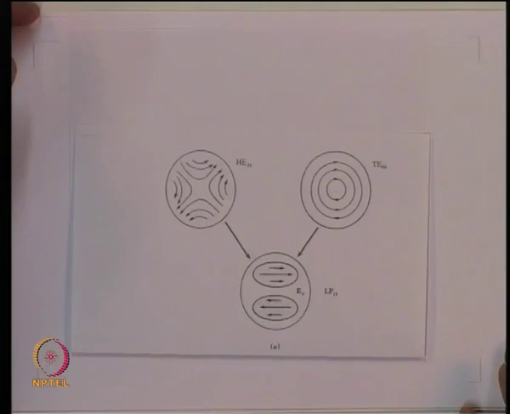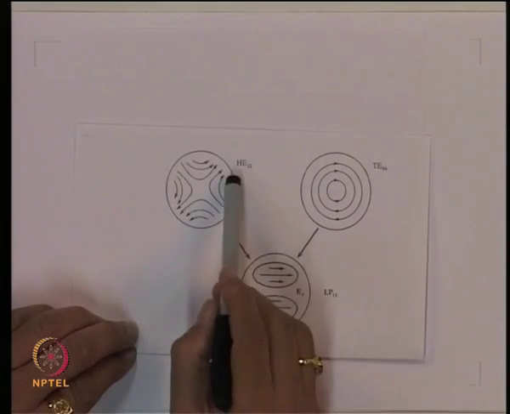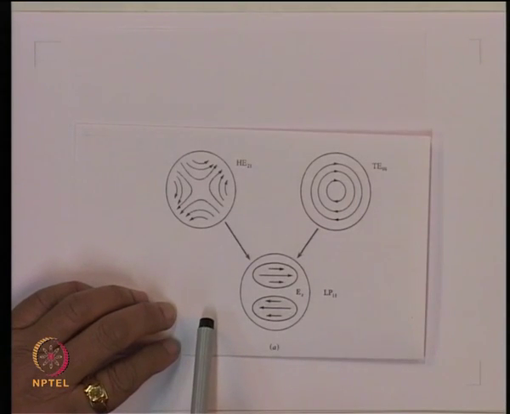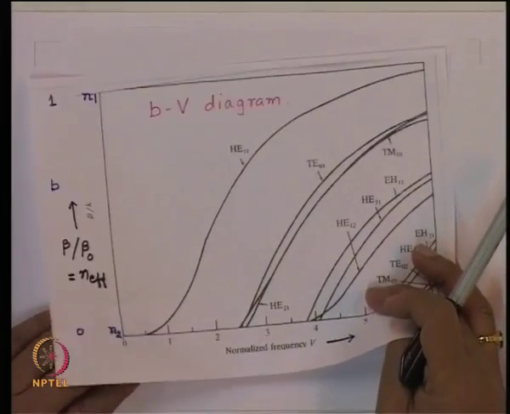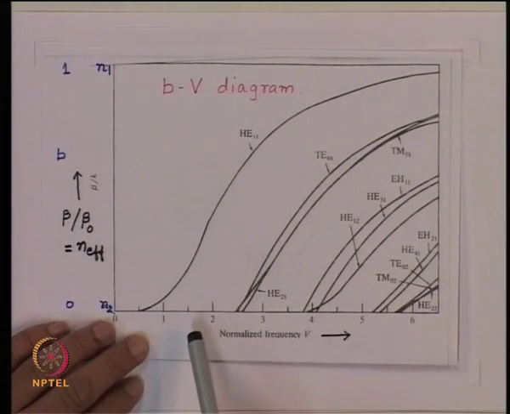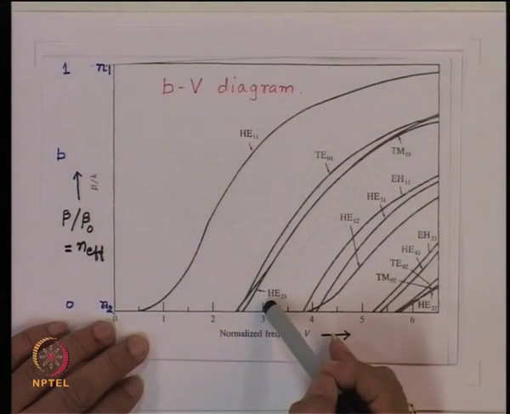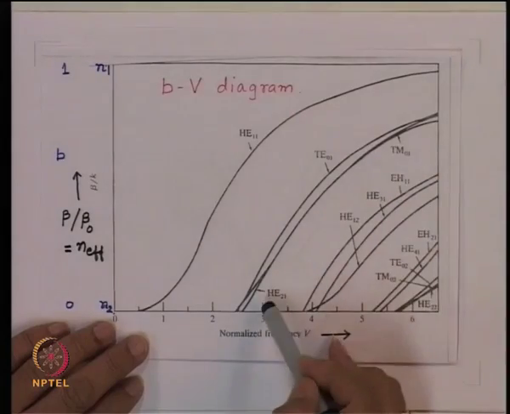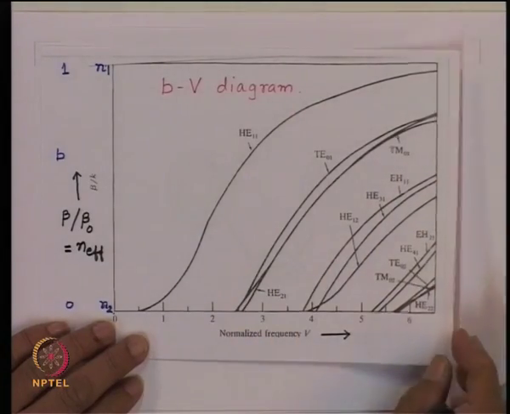Now, just to see qualitatively how the LP11 mode will be created. Let us say I have the HE21 mode and the TE01 mode. In this diagram we have a combination of TE01, TM01 and HE21. TE01 and HE21 can give you one pattern, TM01 and HE21 can give you another pattern.